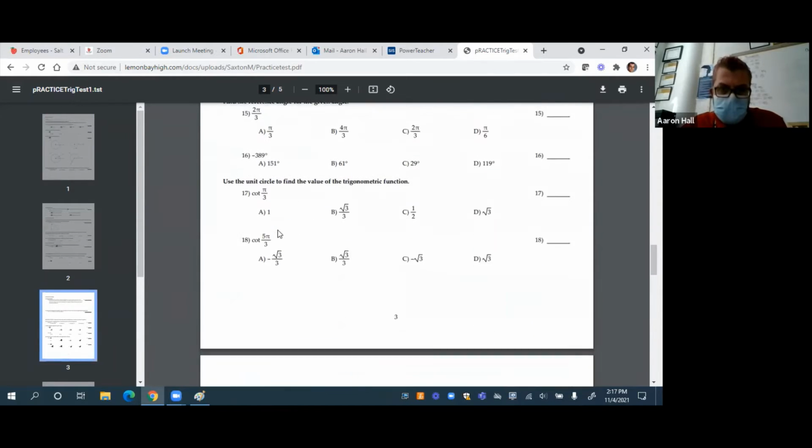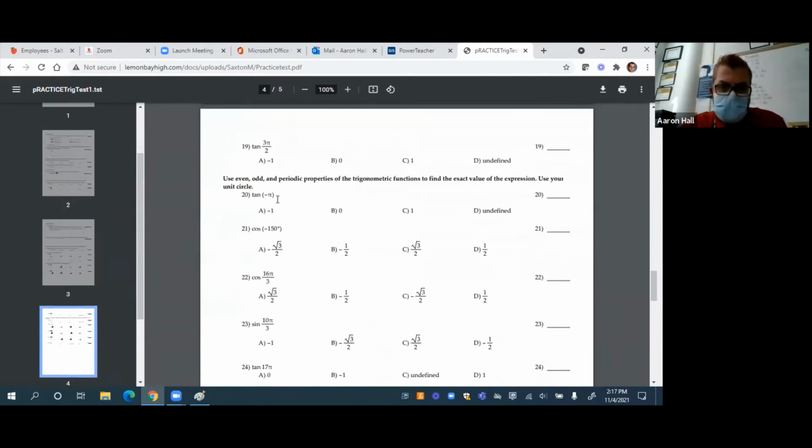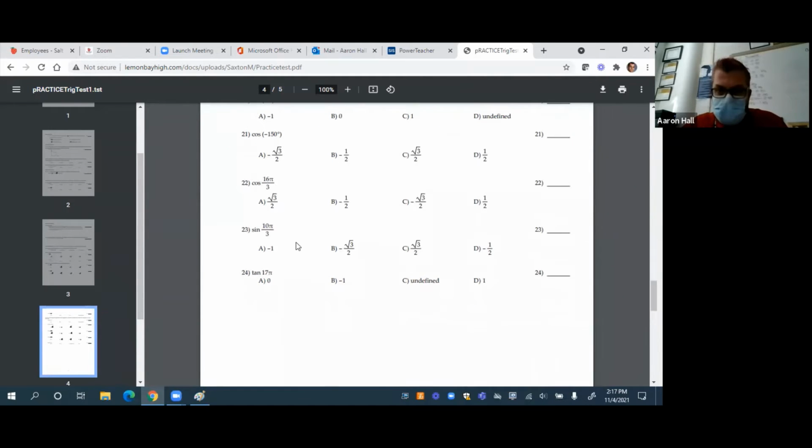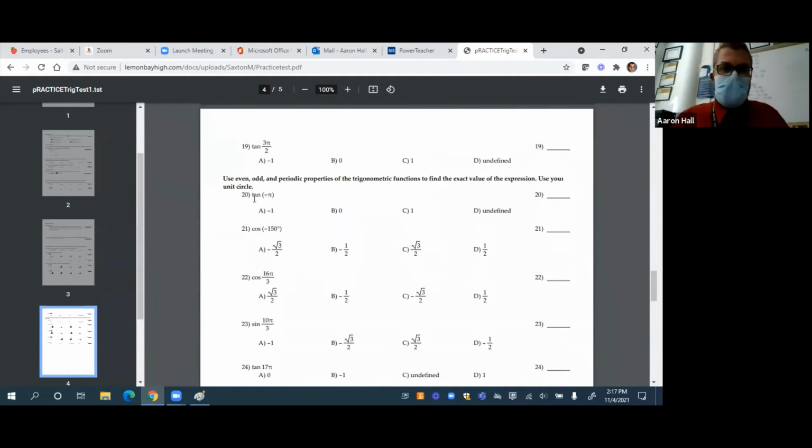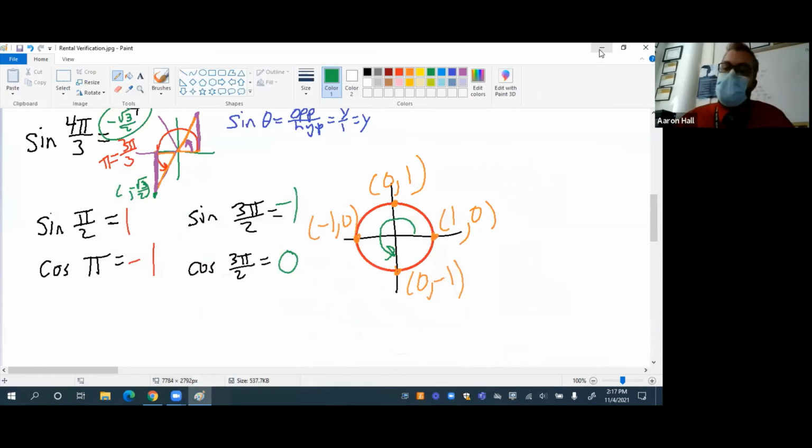Here's cotangent, and here's 16 pi thirds. Wow, that's rotating several times around. Down here at the bottom of the test, that stuff would be more helpful. But I do have a quiz that will cover all of the different possibilities, something like 20 different questions.